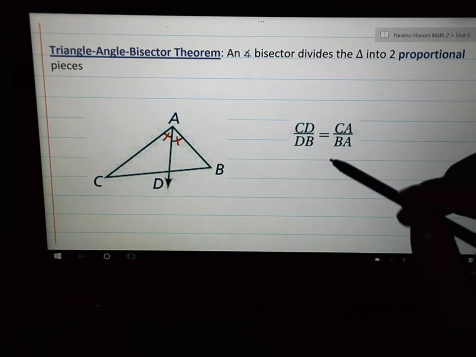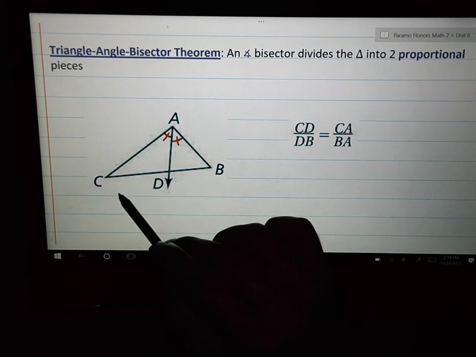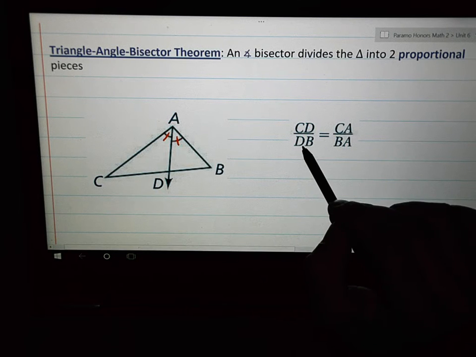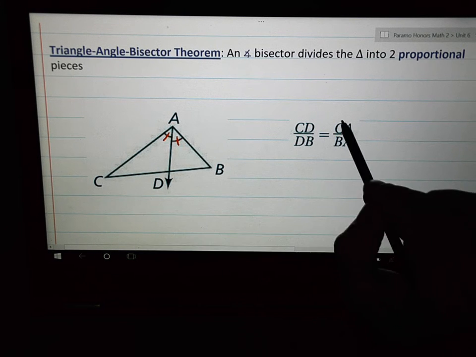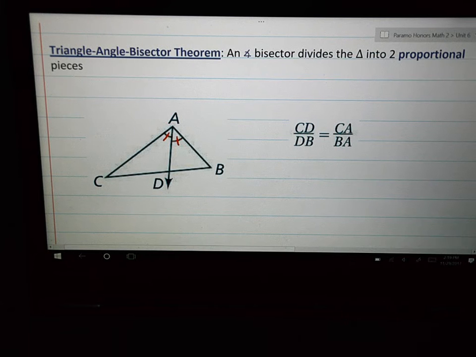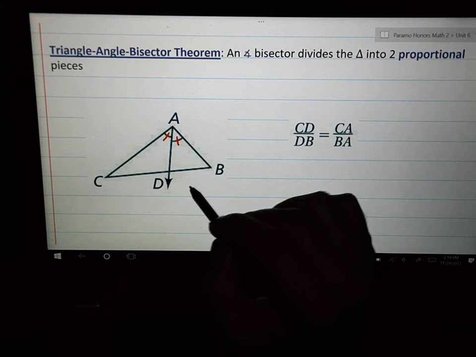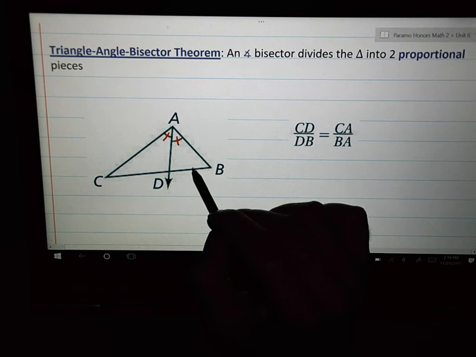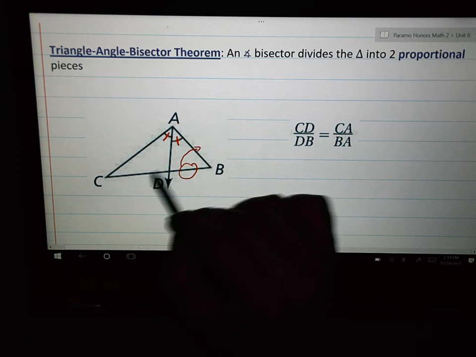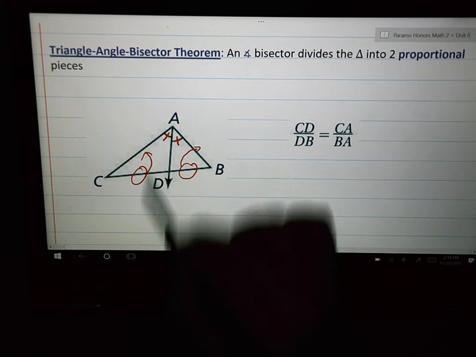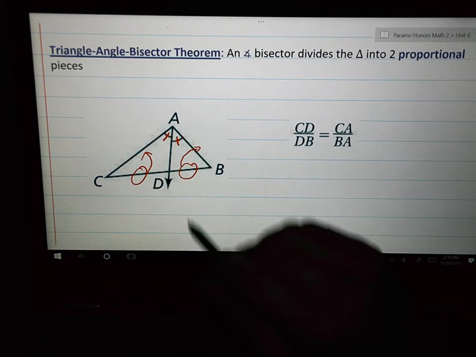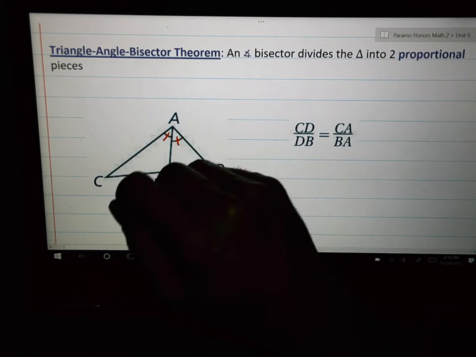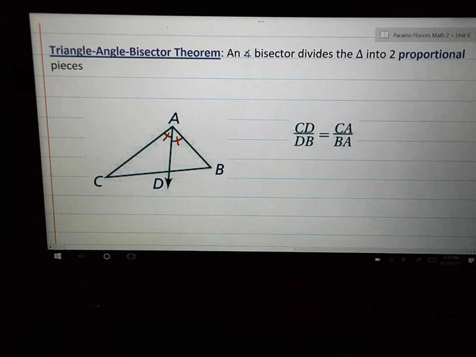Meaning, this one has bottom over bottom equal left bottom over right bottom equals left side over right side. I usually do something like this over that is going to be proportional to this over that. As long as you're going the same direction, that is fine. That's what the angle bisector theorem says.